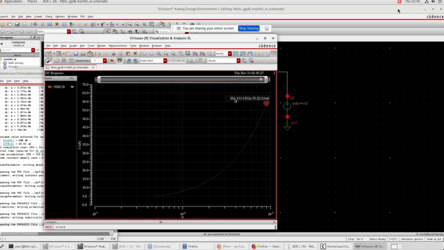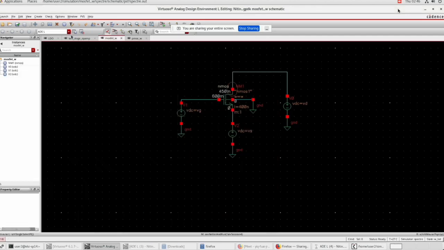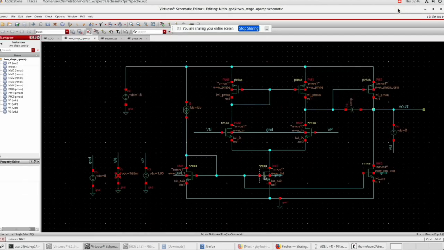From now on, let us assume that the length of all the MOSFETs is fixed at 400 nanometer, so all these values correspond only to the width of the MOSFETs. From this, we got the W of this MOSFET and this MOSFET, which is fixed to be 9 micrometer.